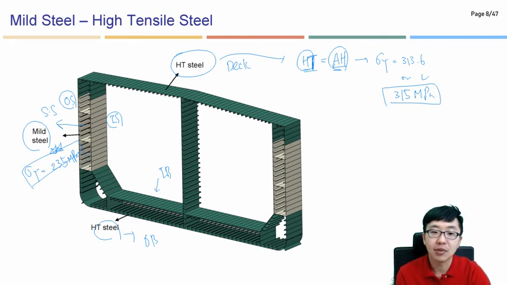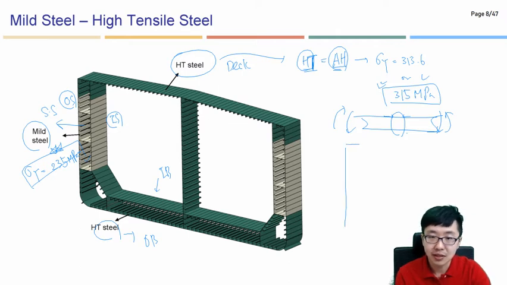But why do we apply this better, higher yield strength material? The reason is that once the ship is subjected to the vertical bending moment, sagging or hogging, the stress distribution at the midship section will be like this. For example, when the sagging bending moment is applied, the deck part will be compressed.